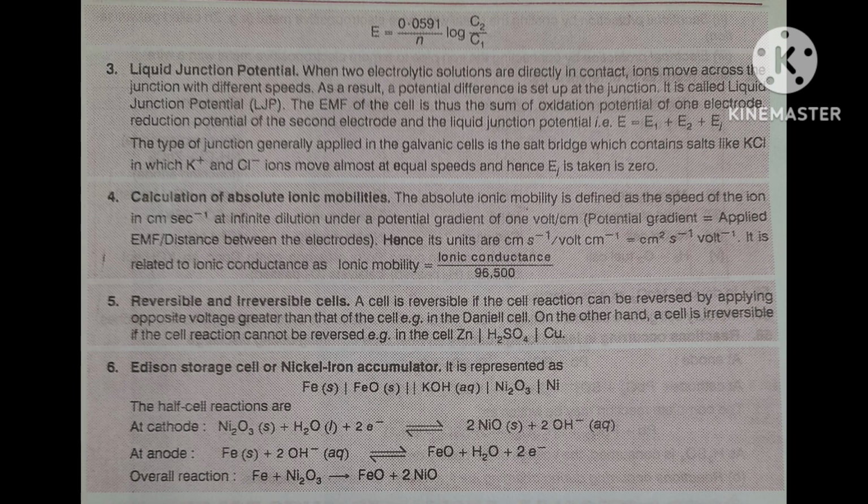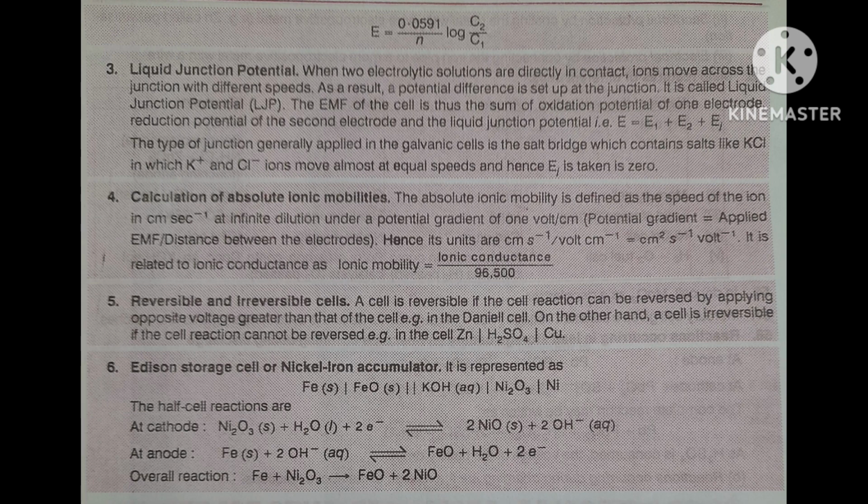Now the next and last term of this chapter I am going to discuss is the Edison storage cell, also called the nickel iron accumulator. It has two names, Edison storage cell or nickel iron accumulator.